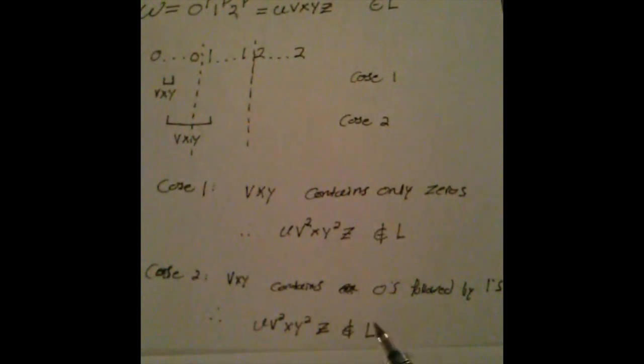This would not be an element of L because it would create a reversal of zeros and ones, because you would have in the v zeros, and then in the y, you would also have potentially ones.